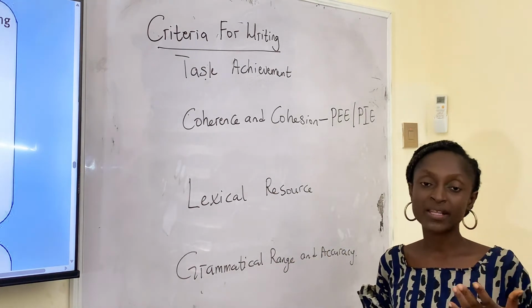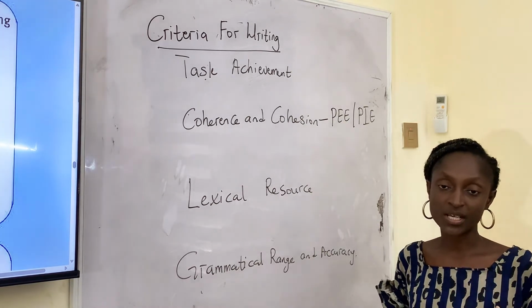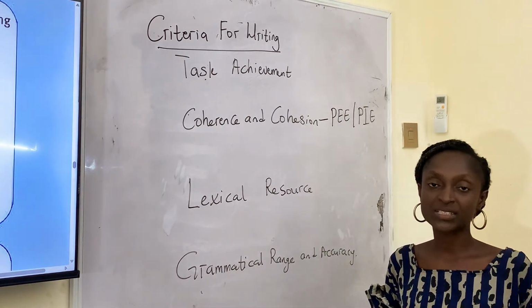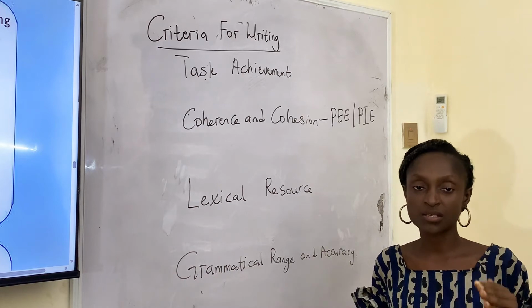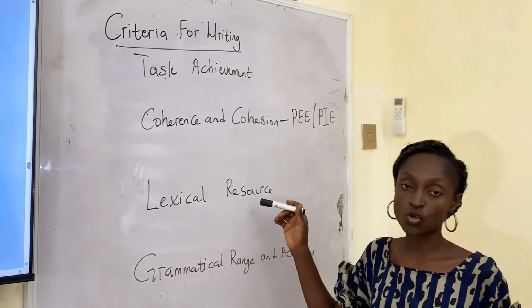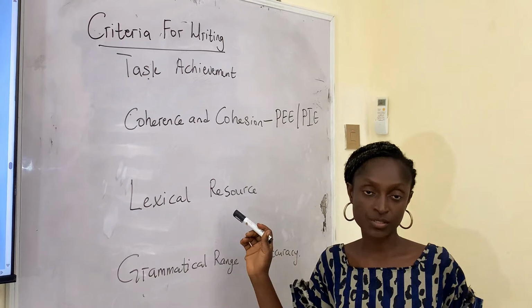So if you are now assuming the position of such a student and you are using expressions that are outside the academic terrain, it might affect your score under lexical resource.